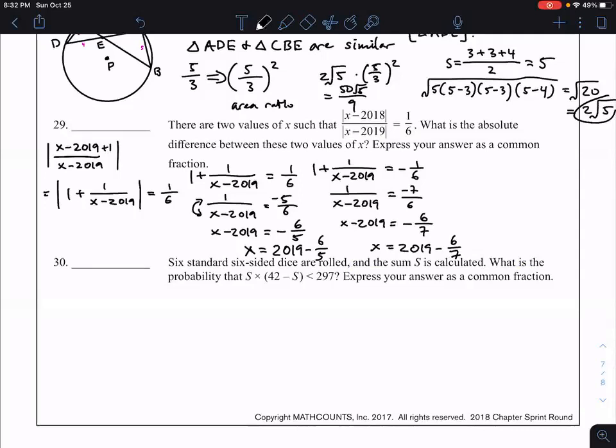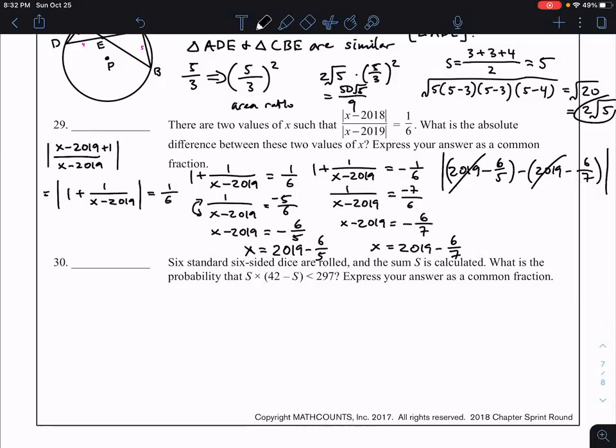Now we want the absolute difference between these two values of x. So that's just 2019 minus 6 over 5 minus 2019 minus 6 over 7. So these 2019s will cancel each other out.